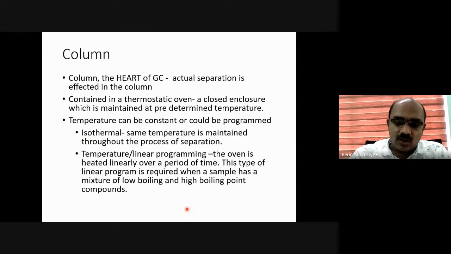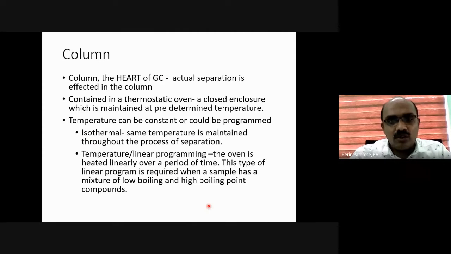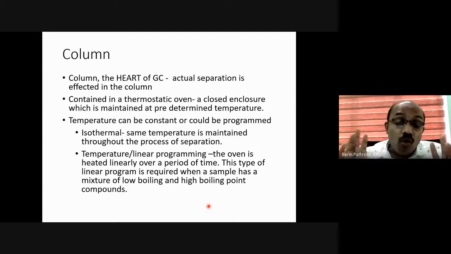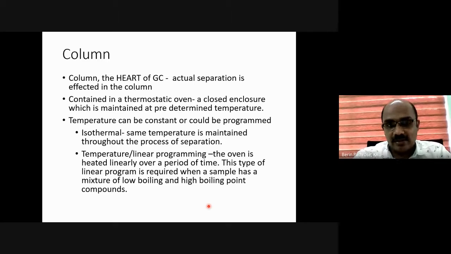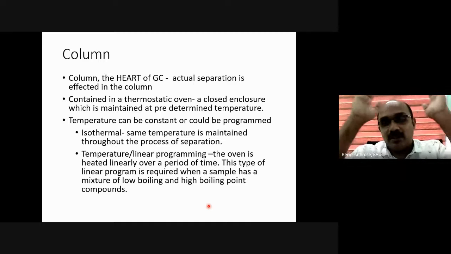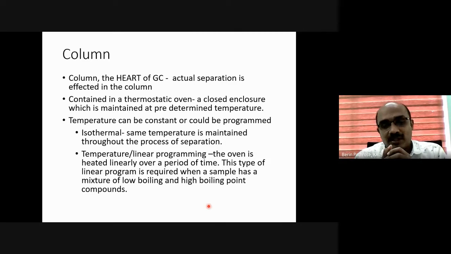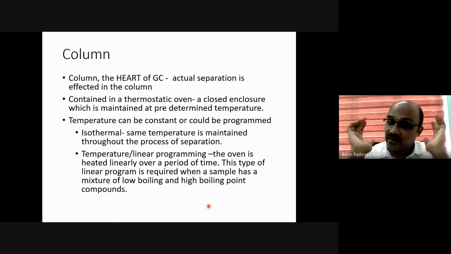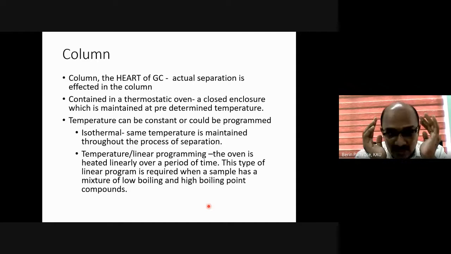Coming to the column, the column is present in an oven. We call it an oven because it is held at a high temperature. That means the column is kept in a cubicle kind of thing, and this cubicle is the oven where we can control and adjust the temperature.